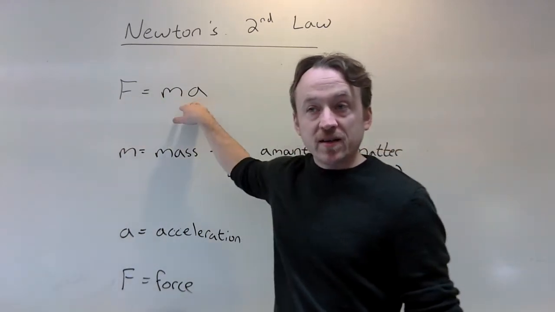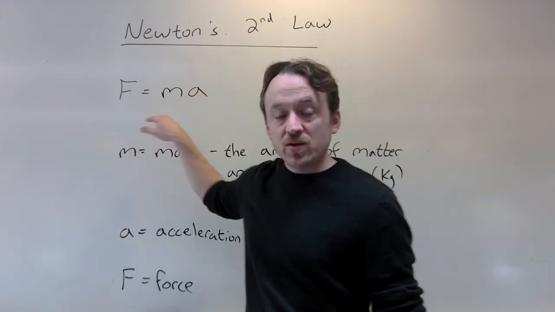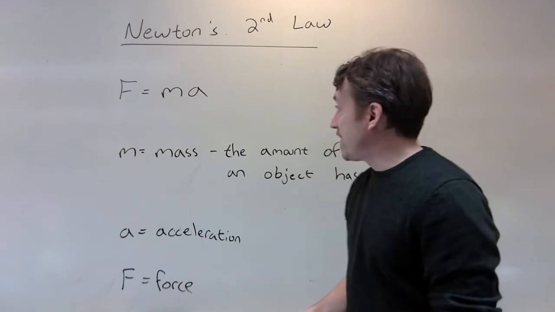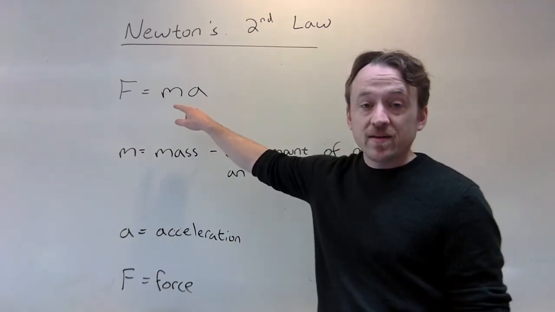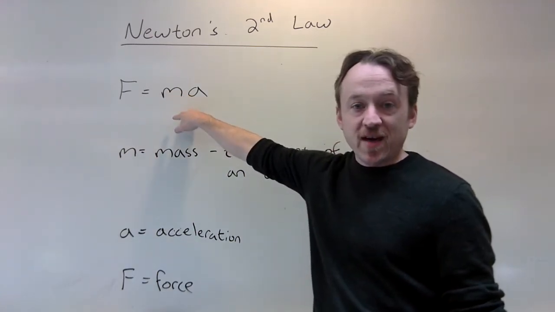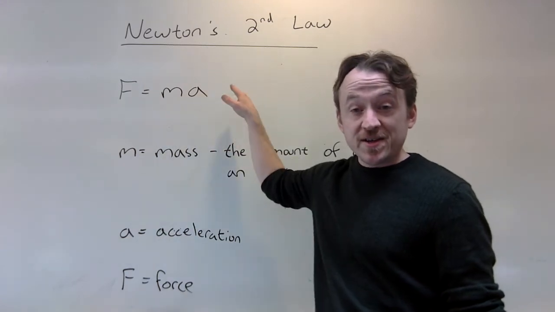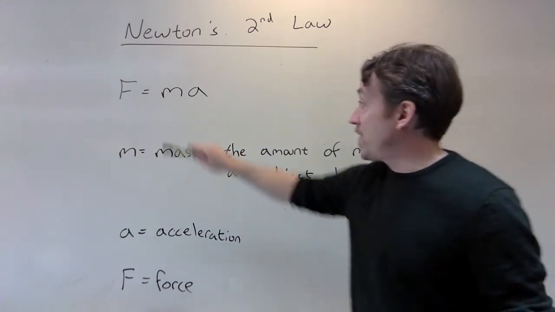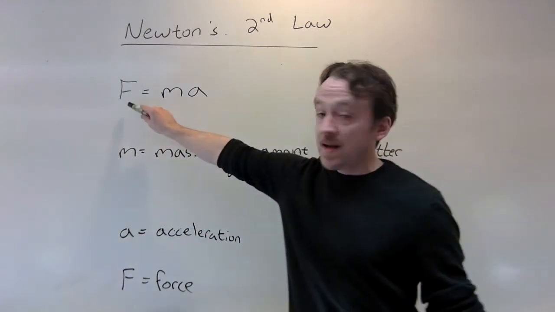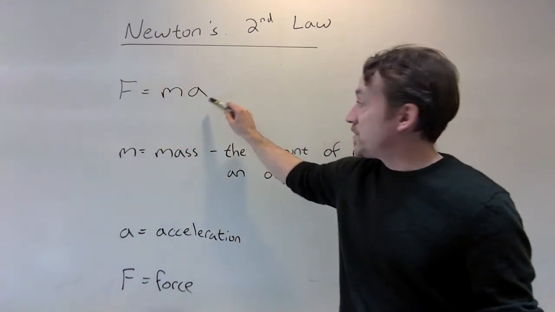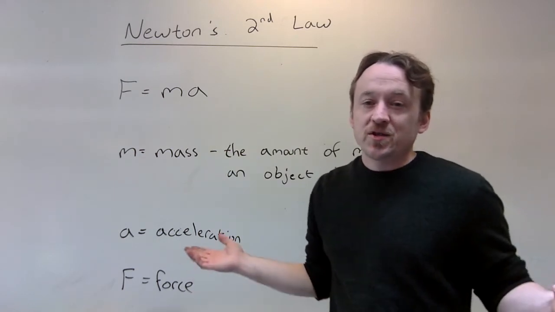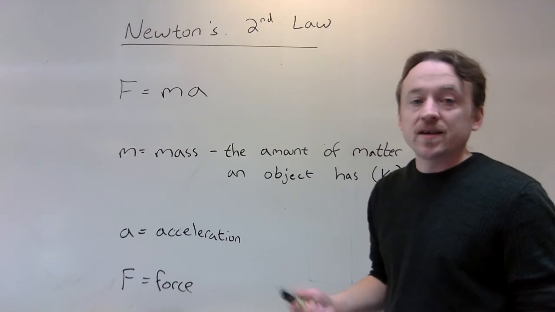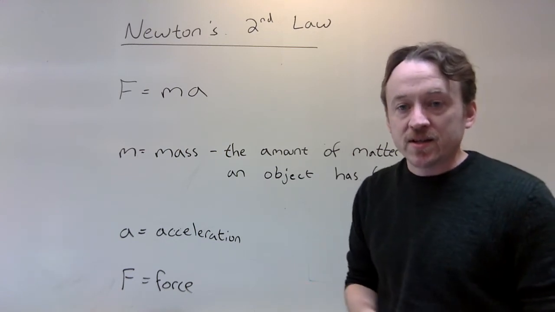The greater the mass, the more force you need to have an acceleration. The greater the acceleration, the more force you need. So if I have a greater mass and I want the same acceleration, I need a greater force. This is just summing that up rather than making you go through detailed calculations.